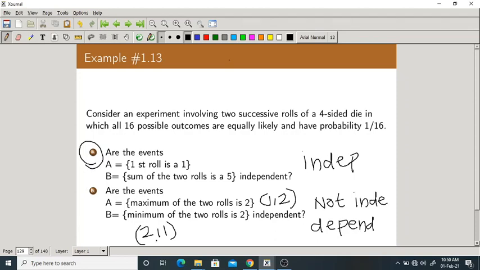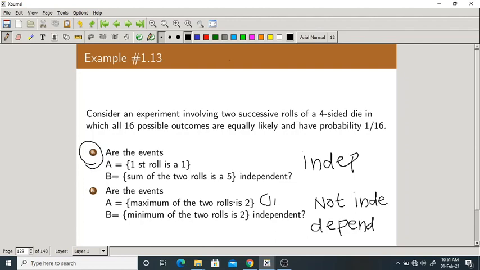Now here, if the minimum is 2, what can you say here? If the minimum is 2, the maximum cannot be 2. Isn't it?